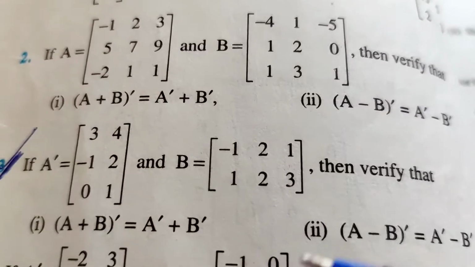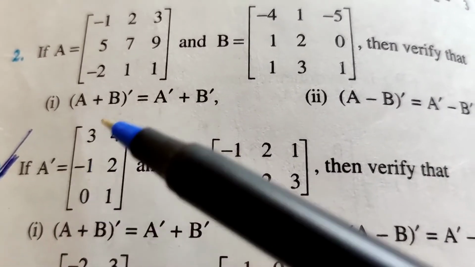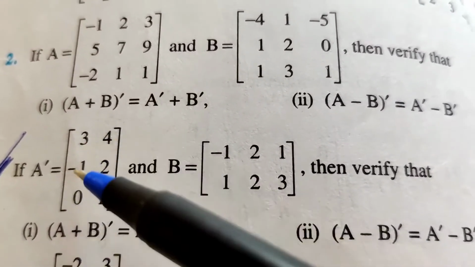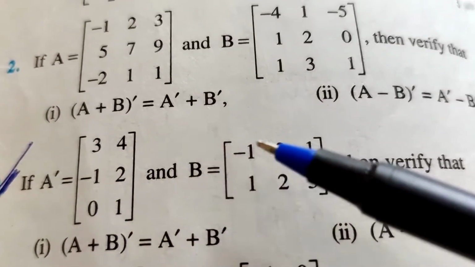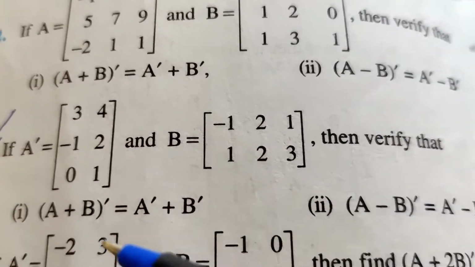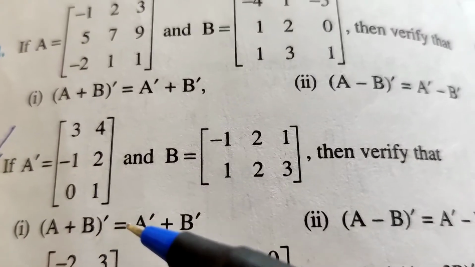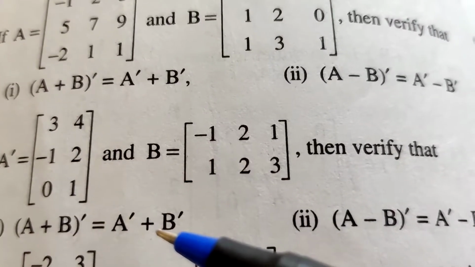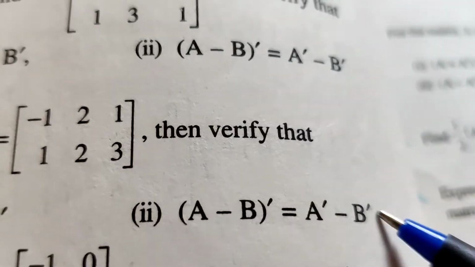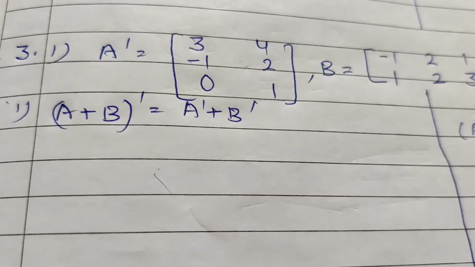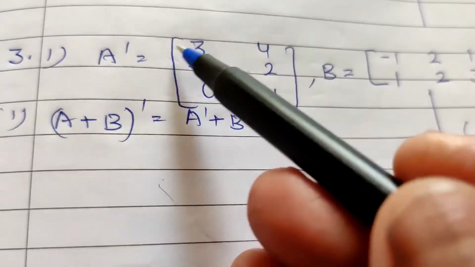The question number 3 is, if transpose of A is given, that's 3, 4, minus 1, 2, 0, 1 and B equal to this one, then verify transpose of A plus B equal to A transpose plus B transpose. And second one is the subtract. The transpose of A is given.